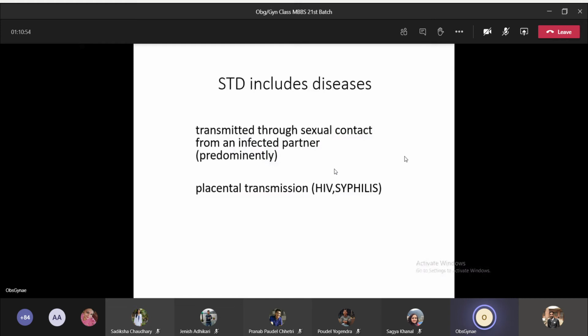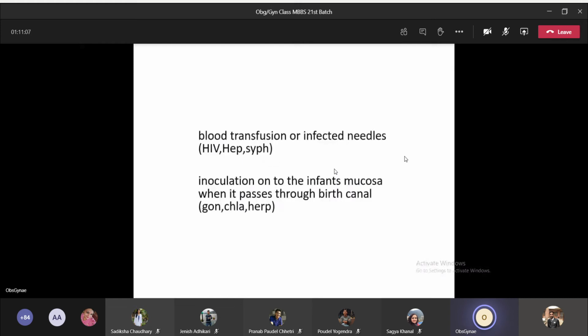It may also be transmitted by placental transmission, like HIV and syphilis. They are also transmitted through blood transfusion or infected needles, like HIV, hepatitis, and syphilis, and may be transmitted by inoculation of the infant's mucosa when it passes through the birth canal, like gonorrhea, chlamydia, and herpes.